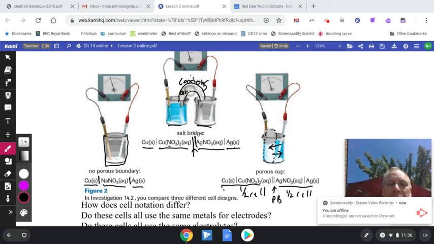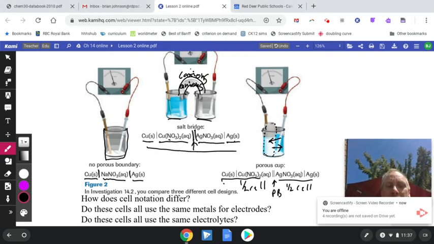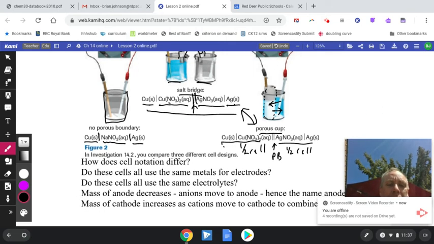Cations and anions can flow through the salt bridge and through the porous cup. They're both considered porous boundaries. So in terms of cell notation, they look identical. You wouldn't know a difference between these two until you saw the diagram to see that one is a porous cup and the other is a salt bridge. Basically, they work the same.